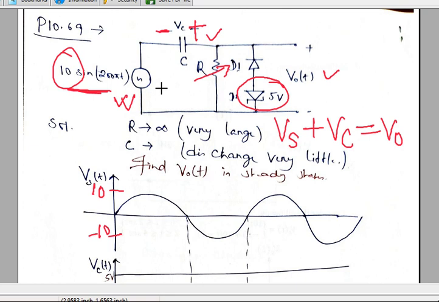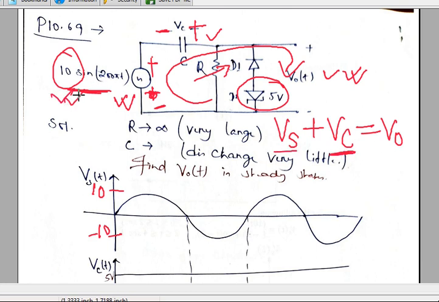Now the task is to find out the output voltage. For that, we can simply write a KVL in this loop. Let's say this is plus and this is minus. So I can write Vs plus Vc equal to V naught. Now Vc is constant 5, Vs is this Vm sin omega t, it's the input voltage, and this is your V naught.